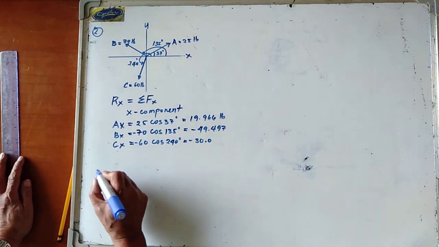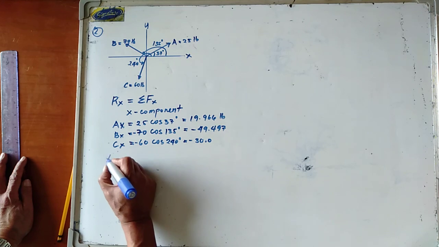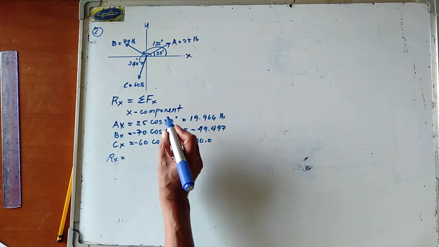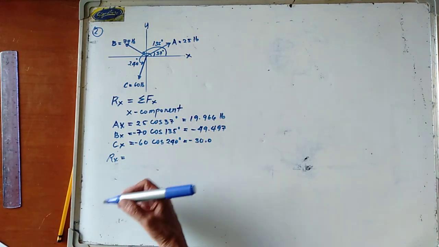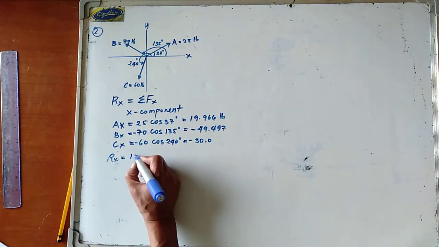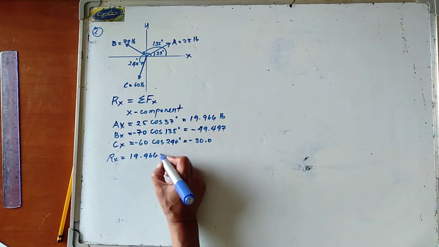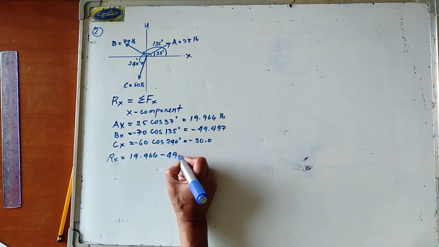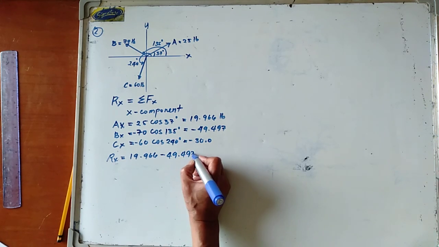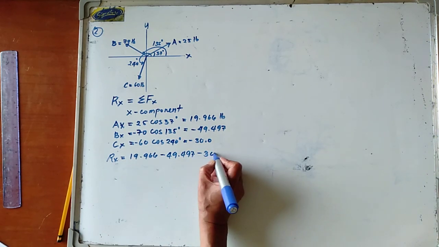So Rx is equal to the summation of forces along the x-axis: 19.966 minus 49.497 minus 30.